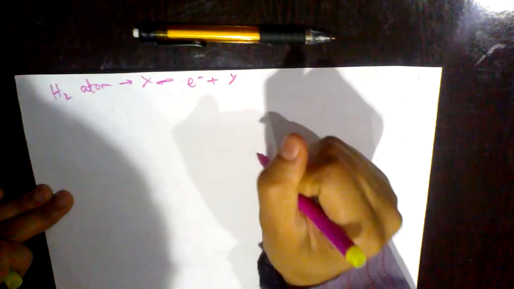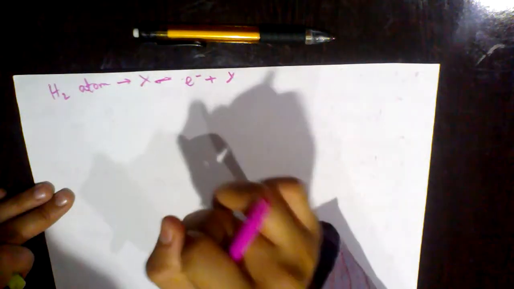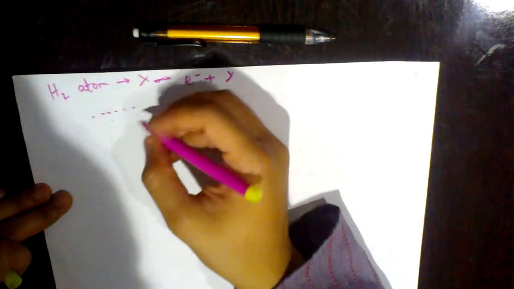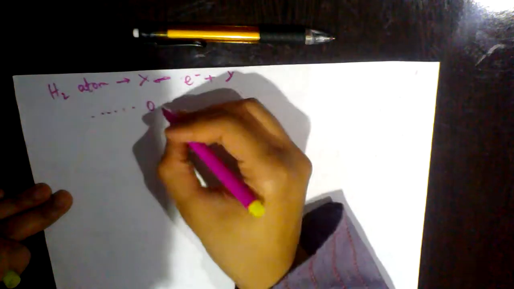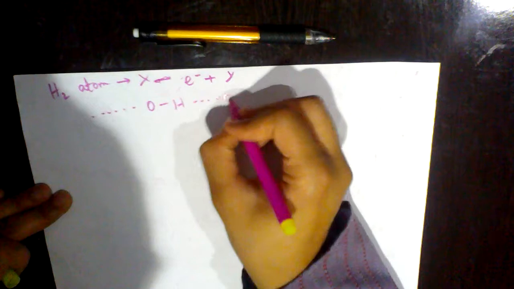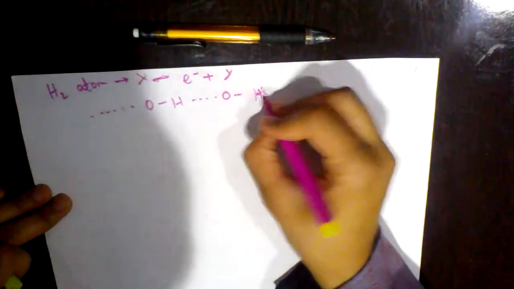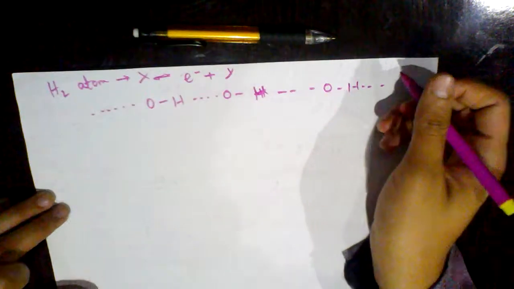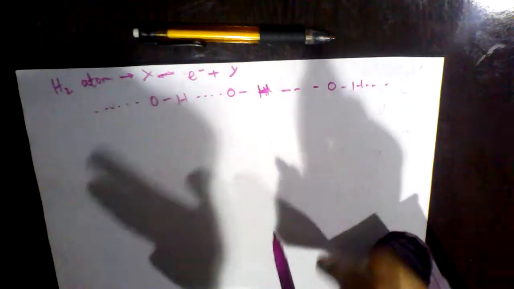This is known as the hydrogen bond, also referred to as the hydrogen bridge, and it is denoted by dotted lines. So you may have H2O, HOH, the water molecule.